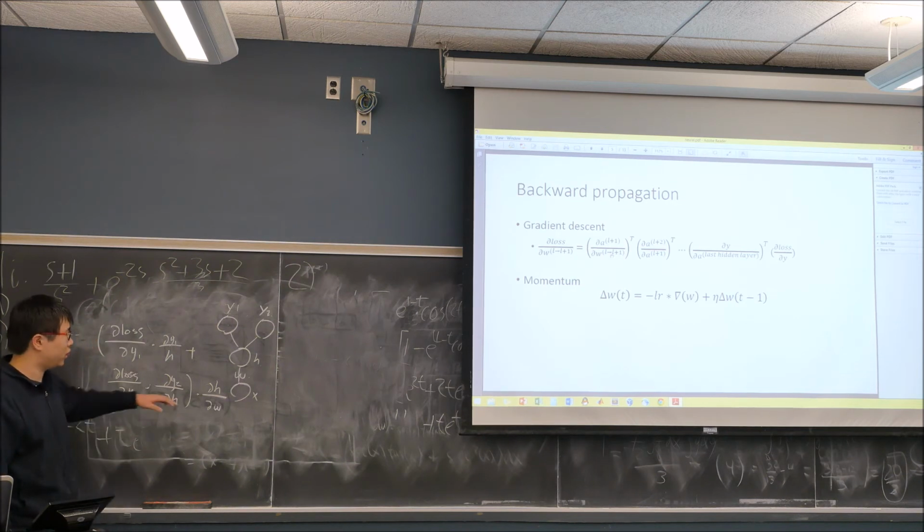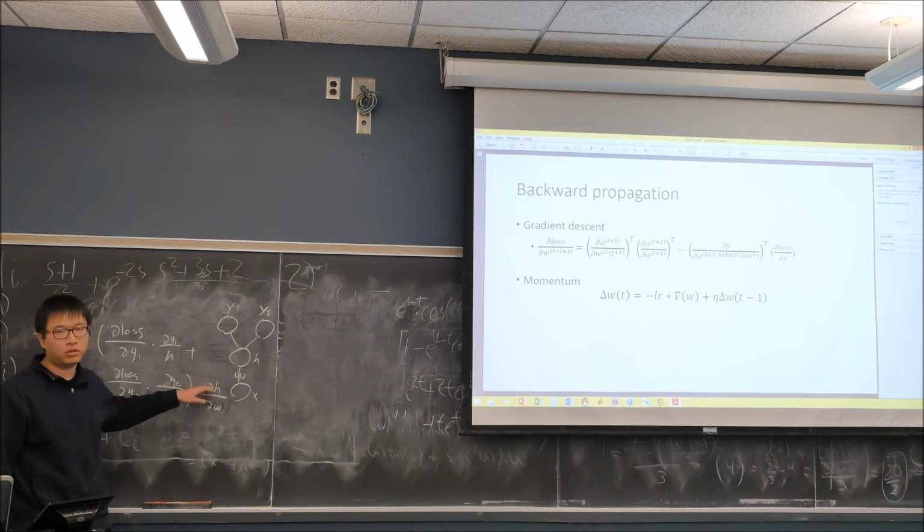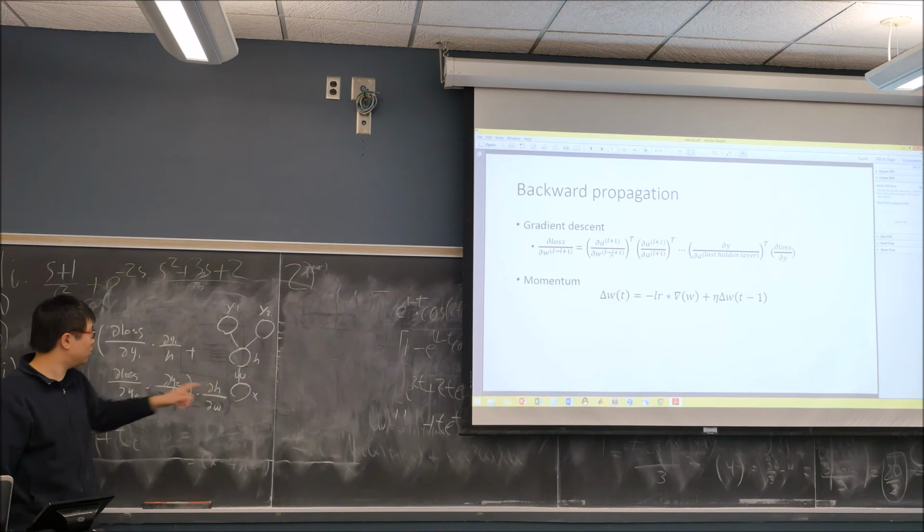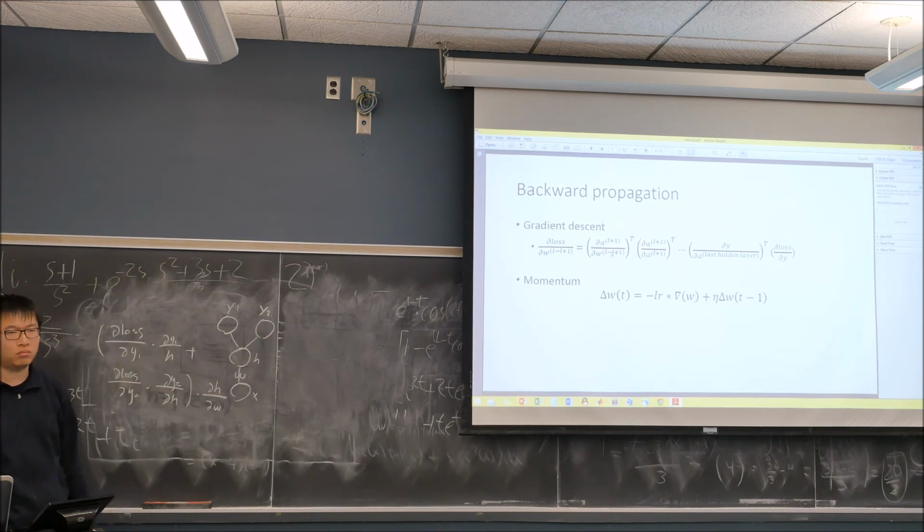This is how you calculate the gradient with respect to W. Basically, there are two paths. You have to compute the gradient on each branch, then sum that up and do the final step. Hopefully this is clear to you. This is not too hard. It's just how you compute the gradient.